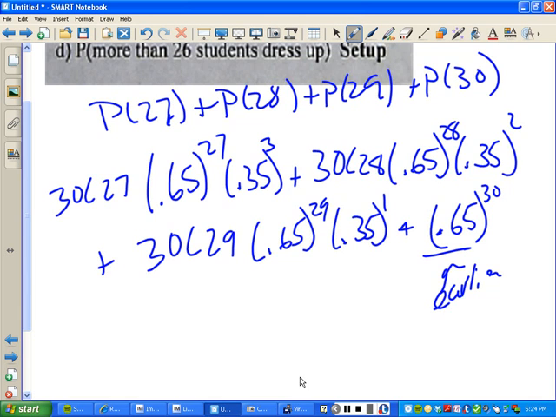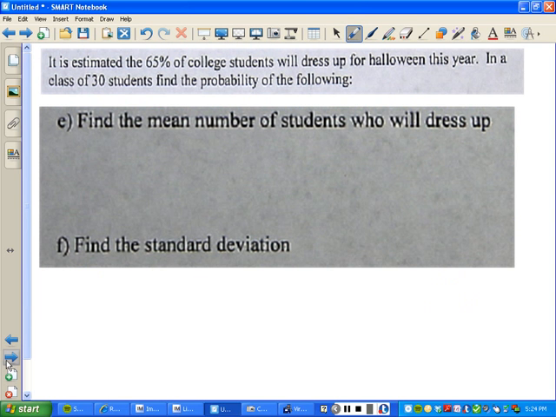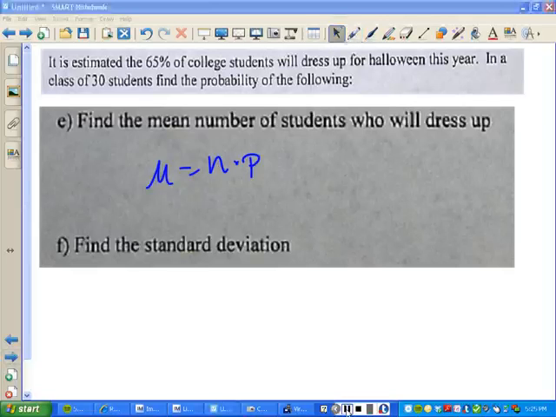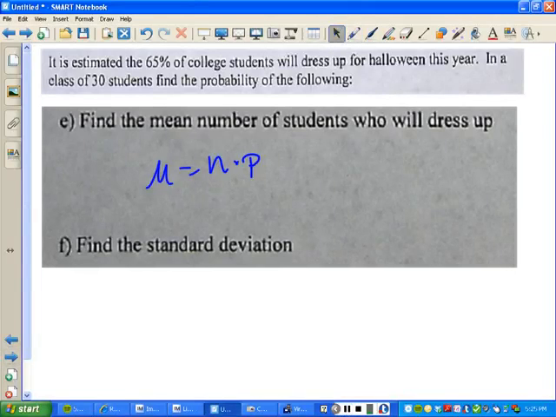All right. What's the average? What's the mean? The mean number of students who will dress up is mu equals n times p. 30 times 0.65.